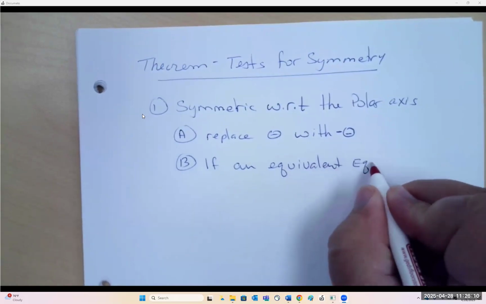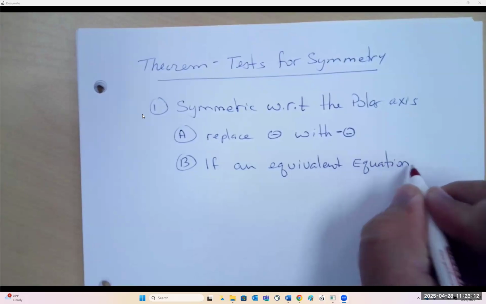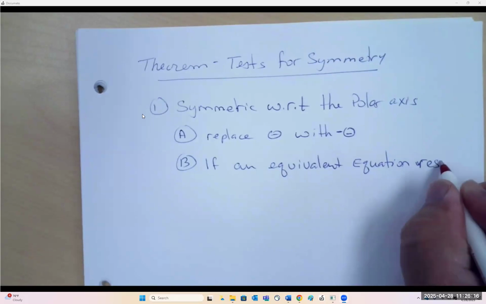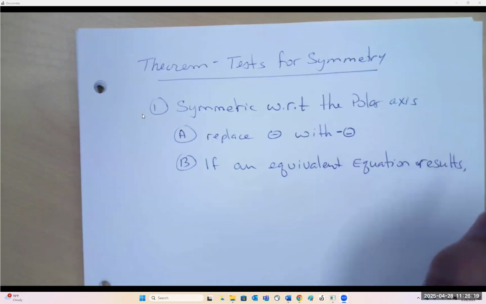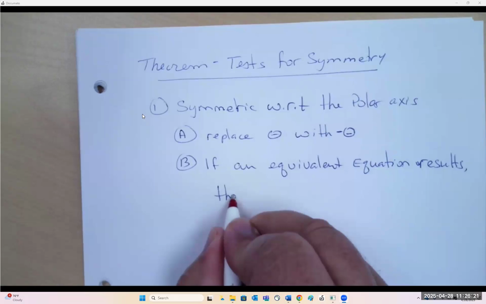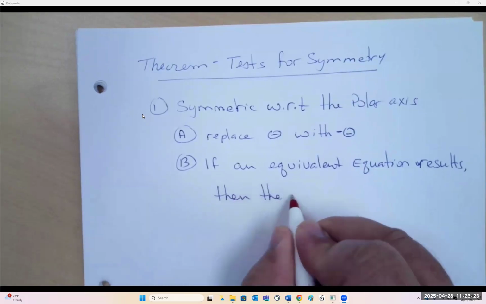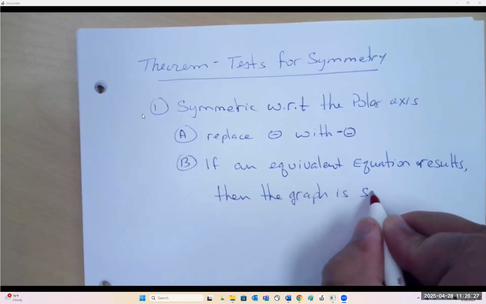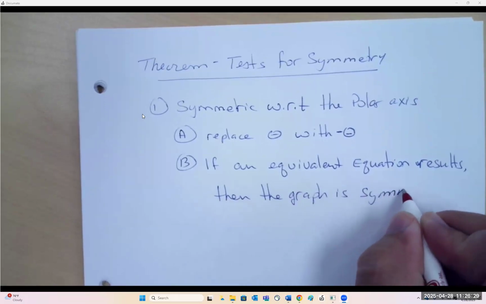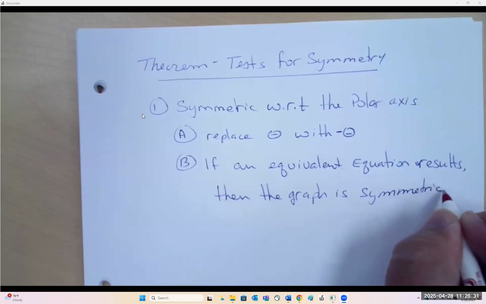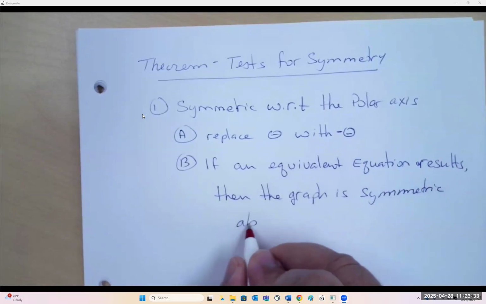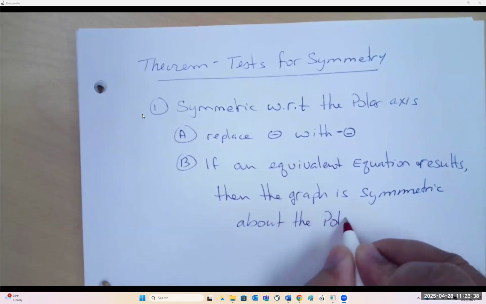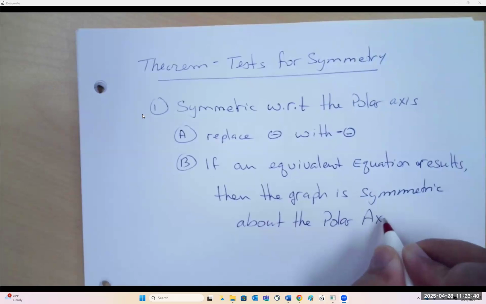If an equivalent equation results, then the graph is symmetric about the polar axis.